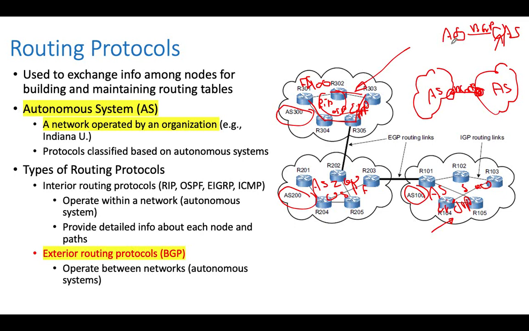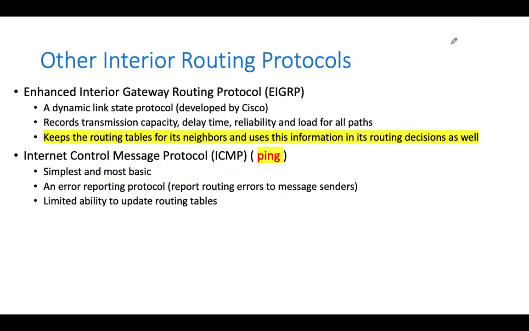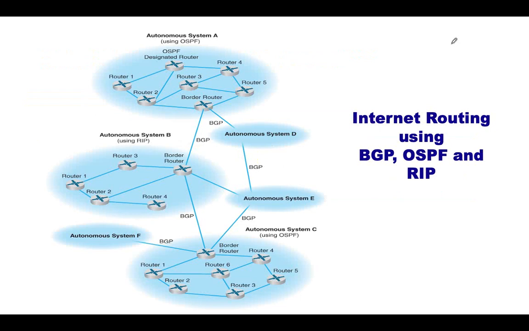How to see something like that? Let me show you. For example, this is an autonomous system. As you can see here, all those routers are OSPF. That's very basic.